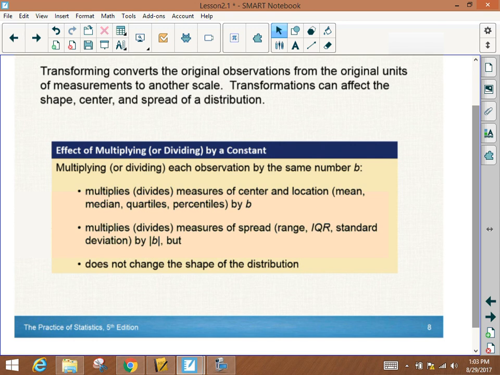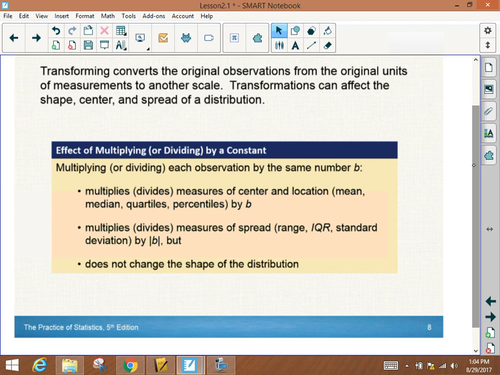So when we multiply, we're going to see changes in our measure of center and our measures of location, percentiles. Essentially, our quartiles will change as well. And our measures of spread in this case are going to wind up changing. The shape, however, is going to stay the same.